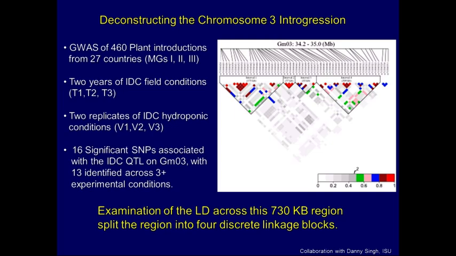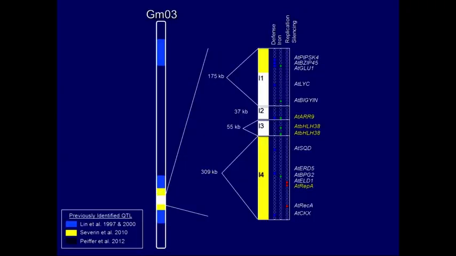So we asked them to go back and look at the linkage across this QTL region. And it turns out that there are actually 4 different linkage blocks within the major IDC QTL. To us, that means that there are, in fact, 4 possible genes governing iron stress tolerance in soybean. Based on what we know about the expression data, we can go through this interval and identify all of the different candidate genes.